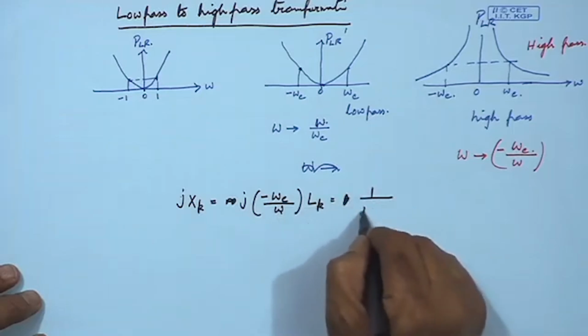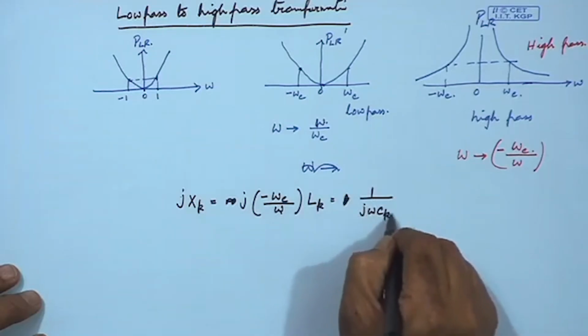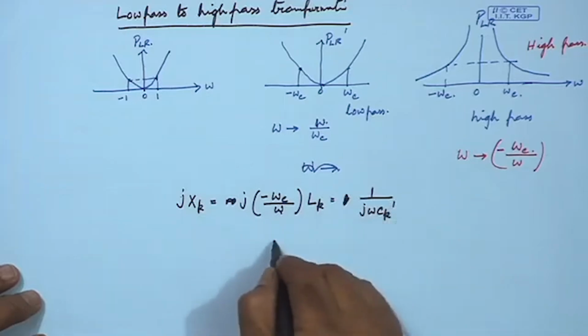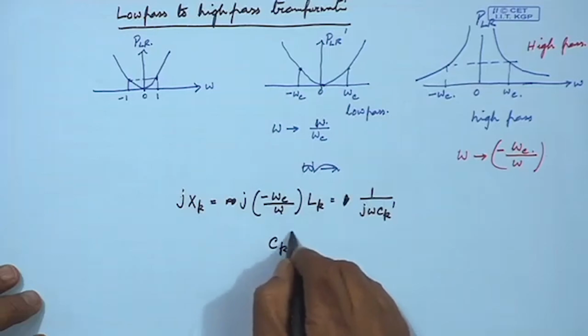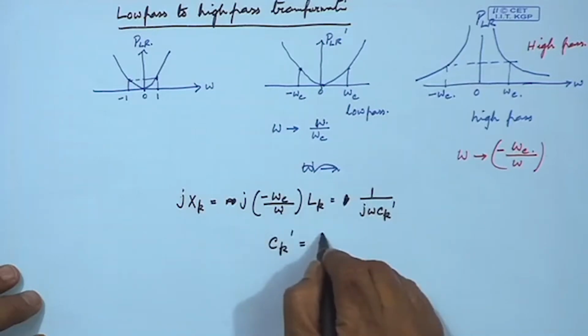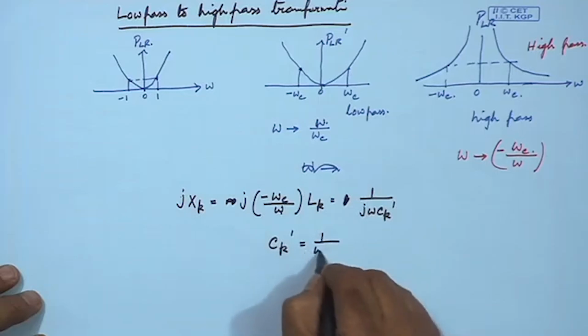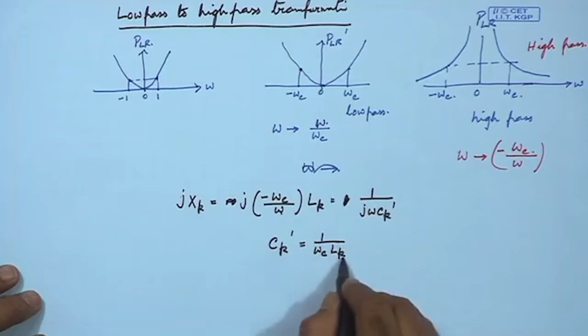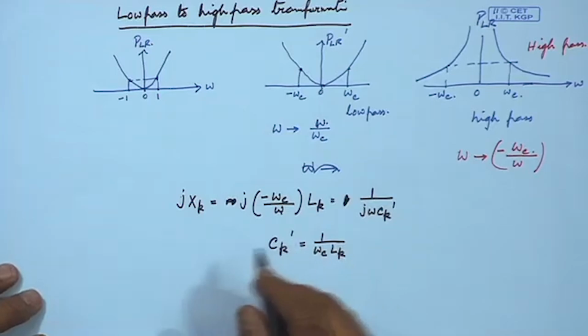So I will call it 1 by j omega Ck dashed, the new quantity Ck dashed. From here you can see that Ck dashed is 1 by omega c Lk. So the previous prototype Lk has changed to Ck dashed.